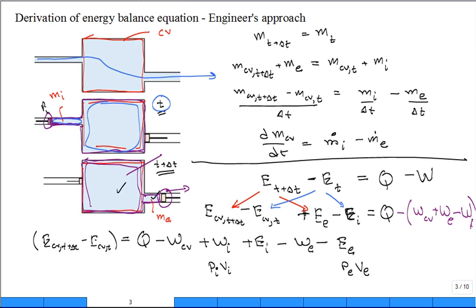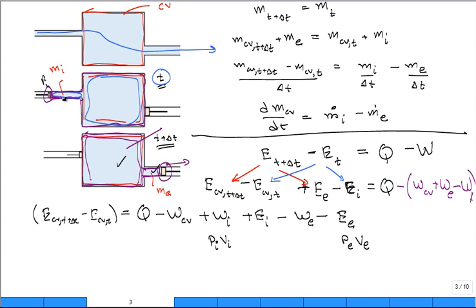Now the other one that I do is you say, well, what is the volume? I know that the mass came in, but can I get an expression for the volume that that mass occupied that flowed in? Sure, that's equal to the mass times specific volume in.